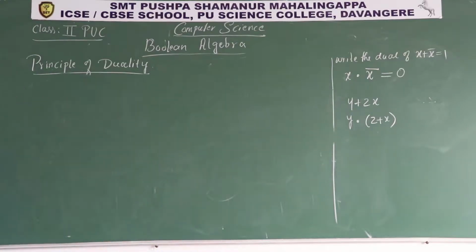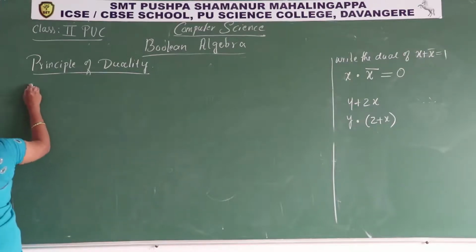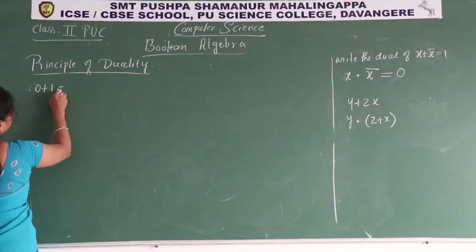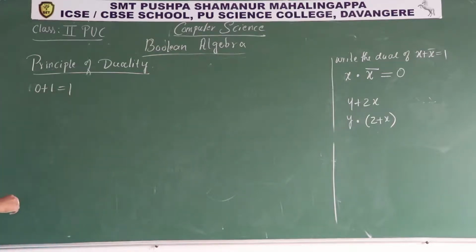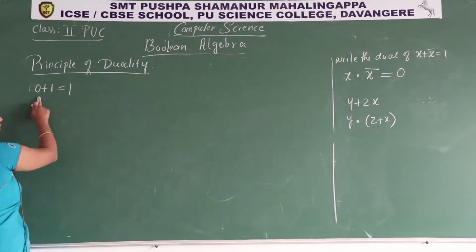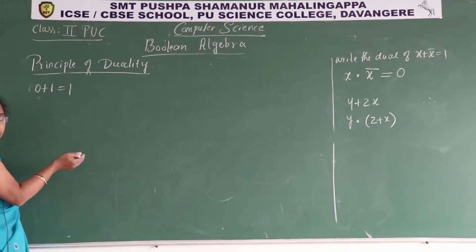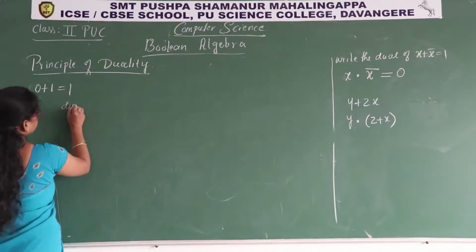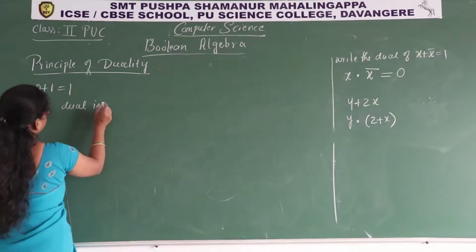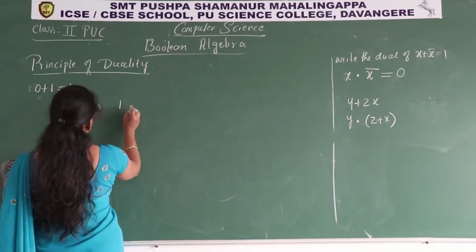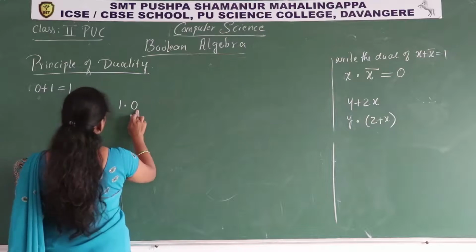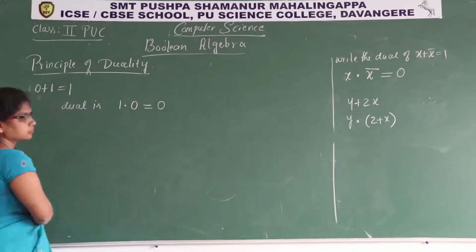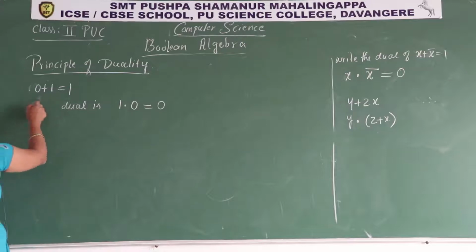First one, write the dual of 0 plus 1 is equal to 1. You have to write the dual of this. Change each and sign to or sign, or sign to and sign. Here we have or sign, so we have to change into and sign. The dual is 0 becomes 1, 1 becomes 0. 1 dot 0 is equal to 0. This is the dual of this expression.